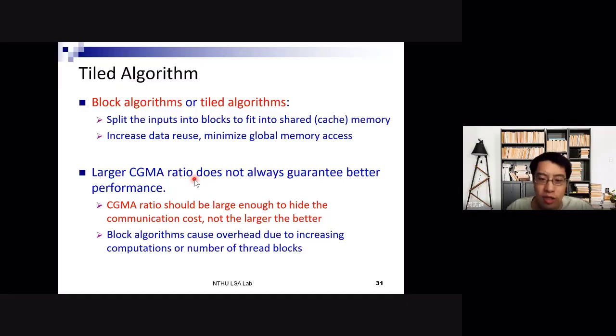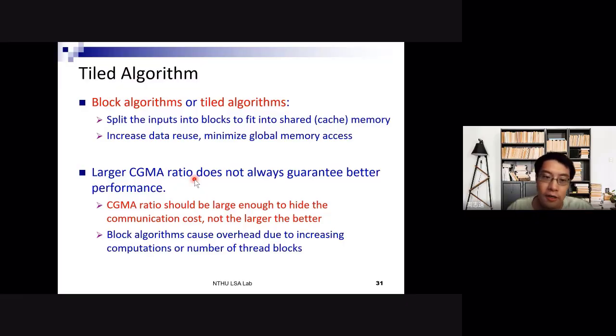And also, if you really analyze the amount of computation, you will find that if you increase the CGMA ratio, maybe you require partitioning your data, and you will require more memory transfer or other constant overhead when you do the partition. So on GPU, there's always a trade-off.